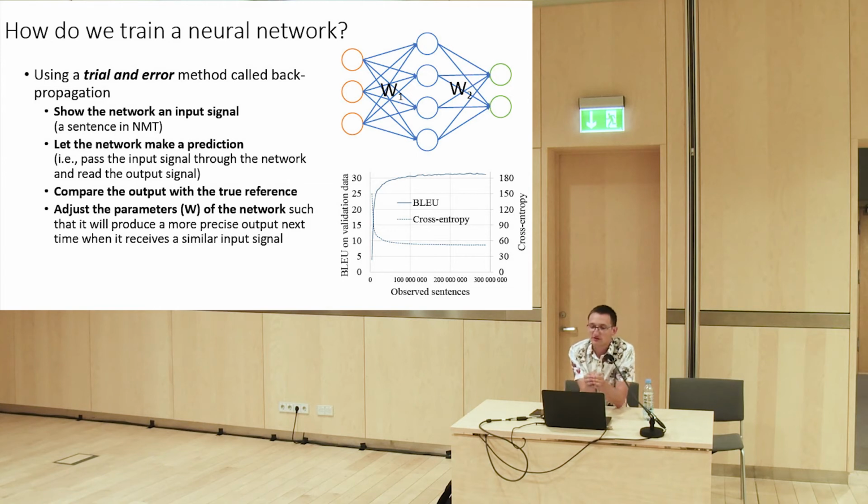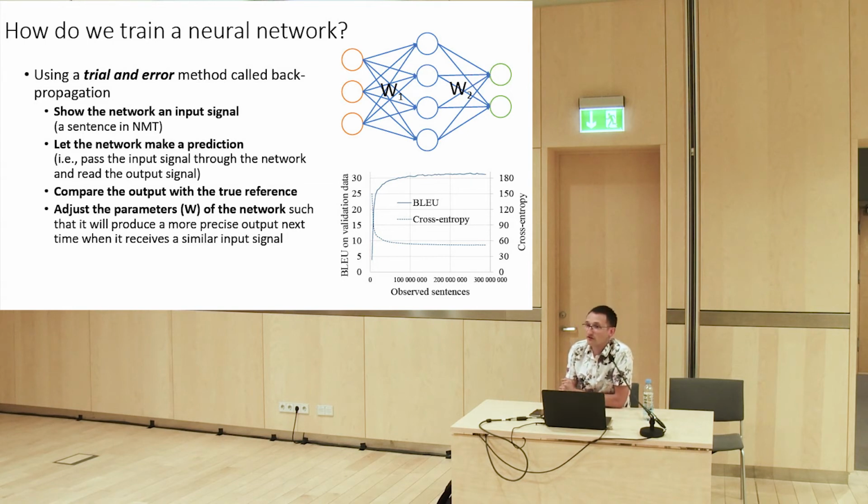So, and this works as follows. So we show the network an input signal. So the input signal in our case is a sentence. We let the neural network traverse the signal through the network and produce a prediction. So if we receive an input sentence here, the neural network will produce a hypothesis, so a translation on the output side.